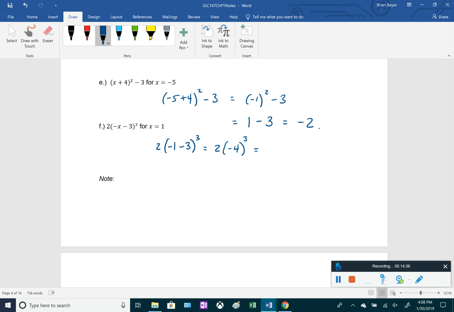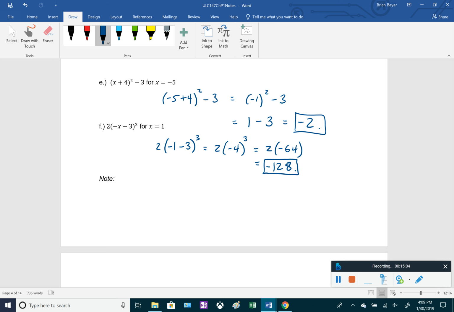Negative 4 is a negative to an odd power, meaning it's going to be a negative answer. Negative 4 times negative 4 times negative 4 is negative 64. Negative 64 times 2 is negative 128. Circle these.